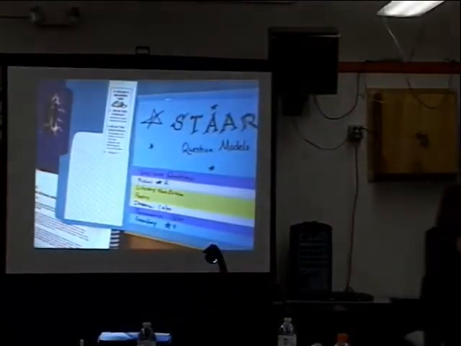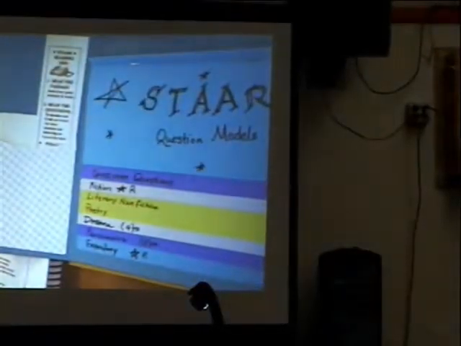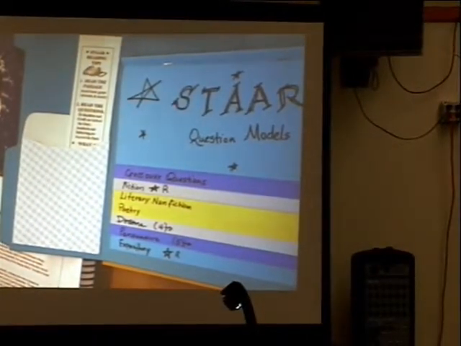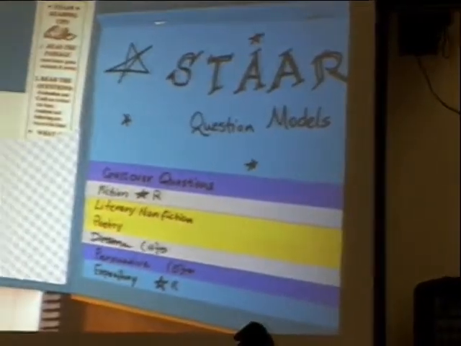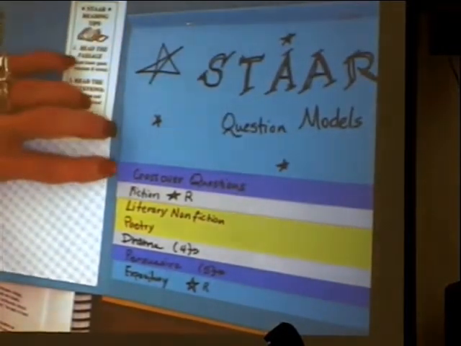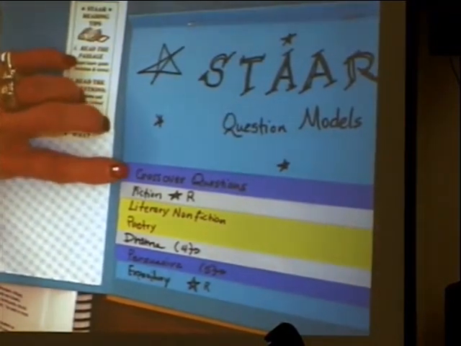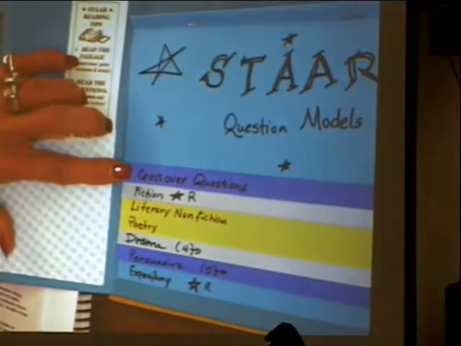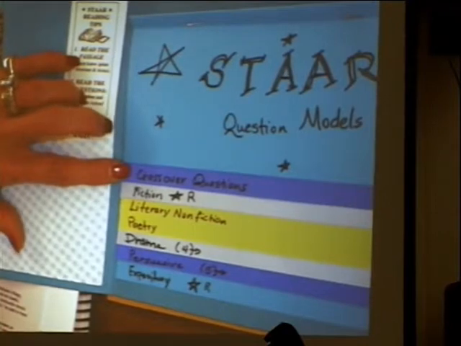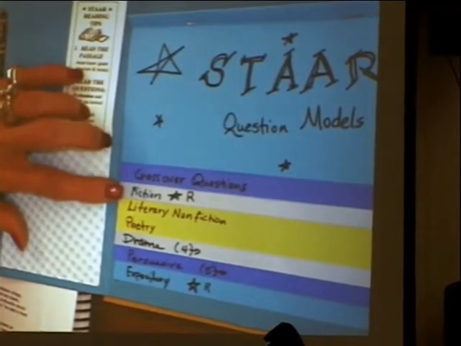Now, this gives you an opportunity to label the sections while we're waiting on the stapler. Go ahead and label each line. This is all STAAR released models, question models. The first purple step is going to be crossover questions. The second is fiction.